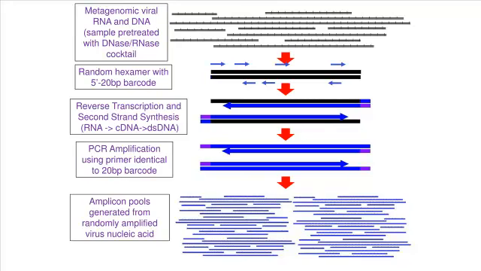We use random primers to reverse transcribe the RNA, make cDNA, make it double-stranded, and then we amplify. At the end of the day, we've generated millions and millions of little PCR products randomly from the sample.